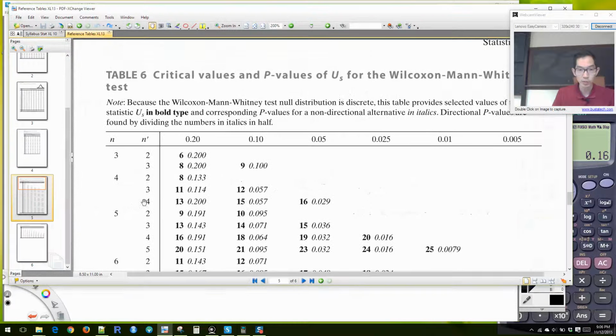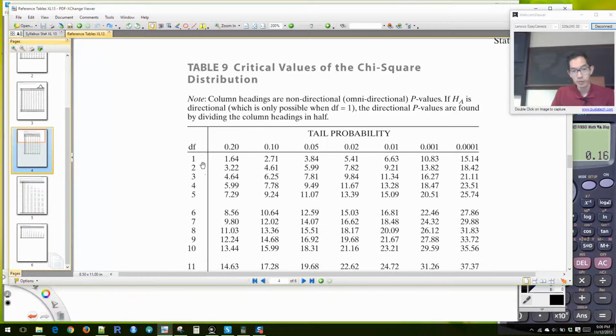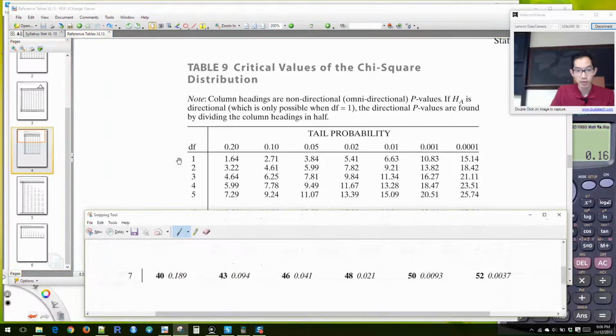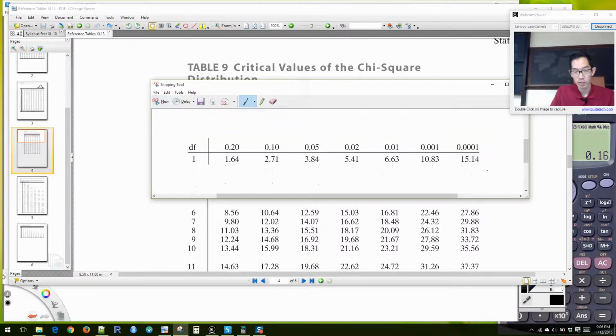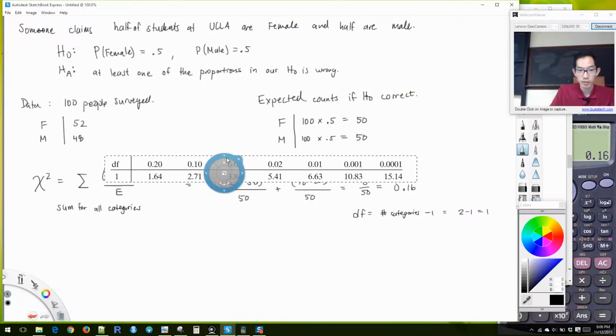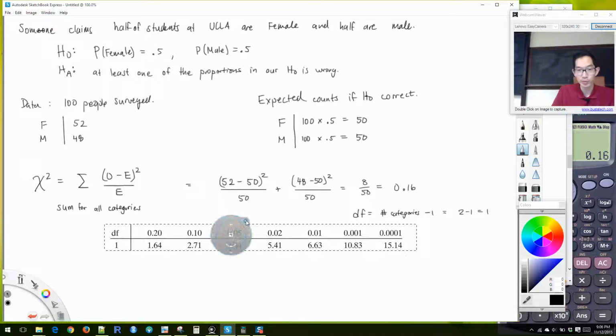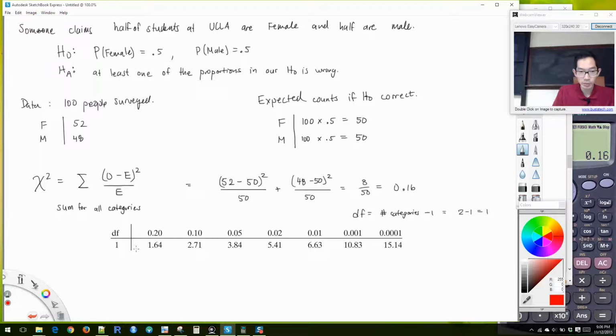We go to the Chi-Squared table, and what do we see? Looking at just that top row for 1 degree of freedom, we're looking for this value 0.16, and it goes right here, so our tail area, whatever it is, is going to be much greater than 20%.